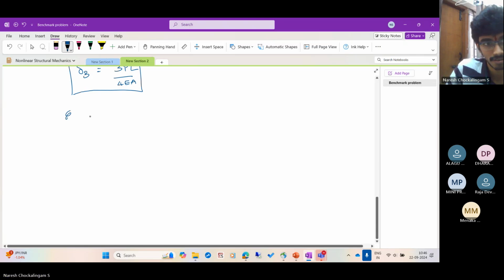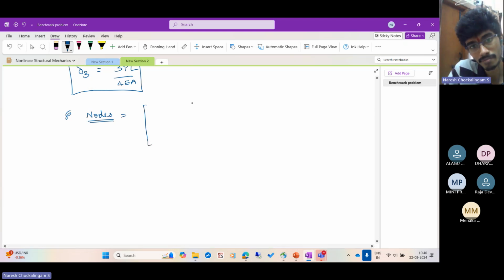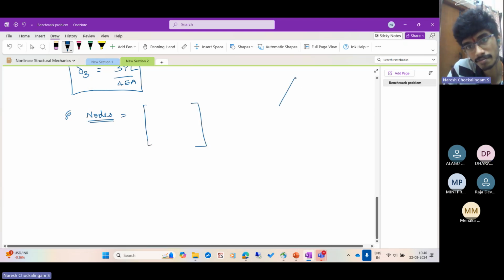So what is the nodes matrix for this problem? Trusses like this. We say origin is here, 0, 0. What is this point? L, 0. Okay, this point. L by 2, root 3 L by 2.